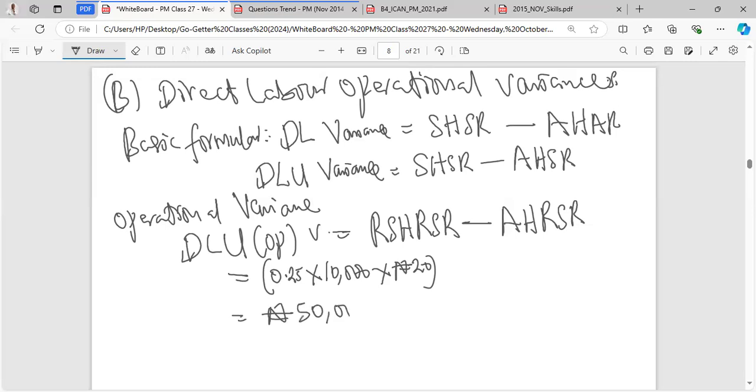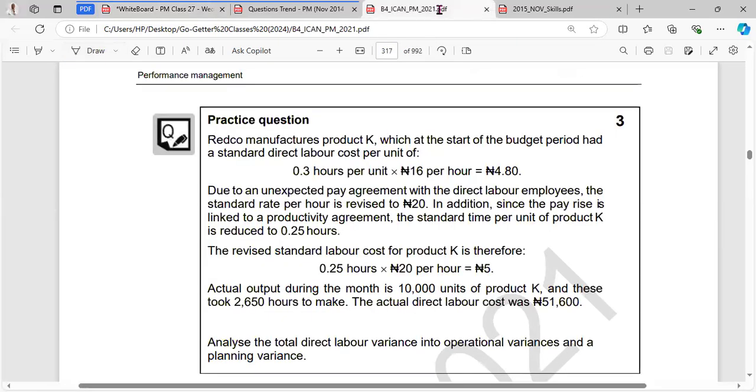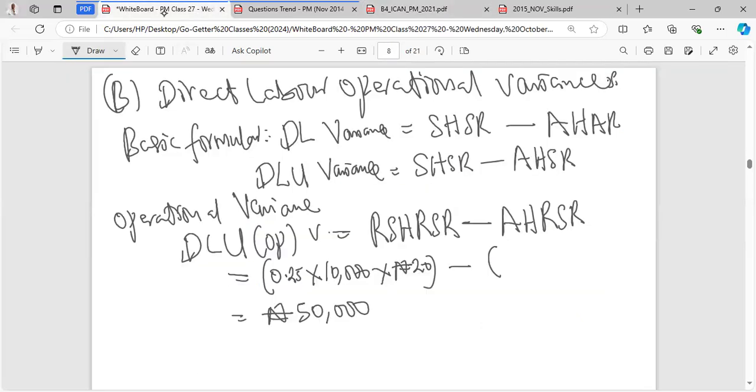Now minus actual hours. And the actual hours it took us was 2,650 hours. Then revised standard rate is this 20 naira.